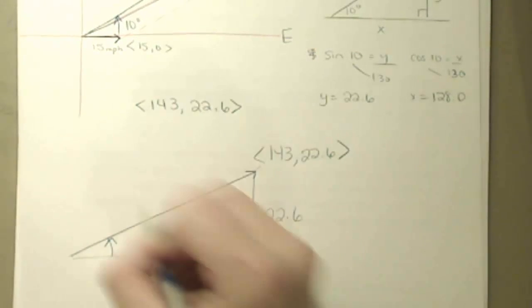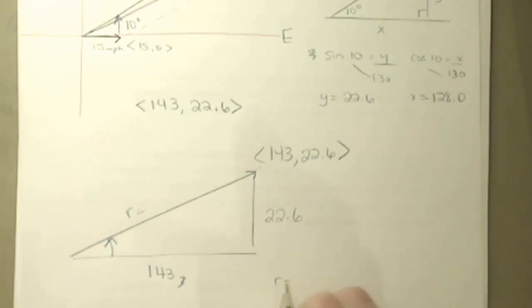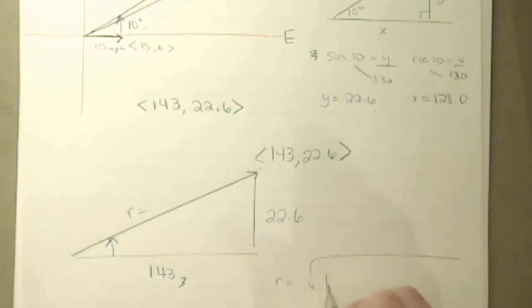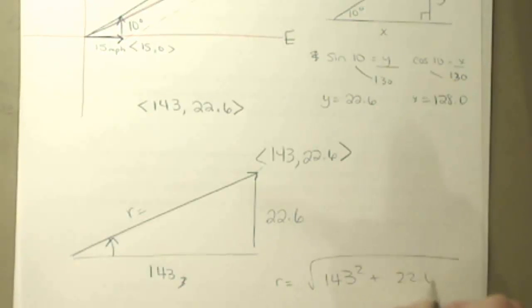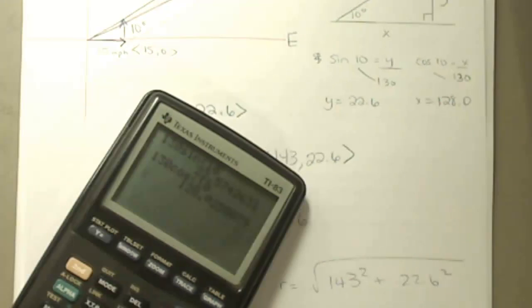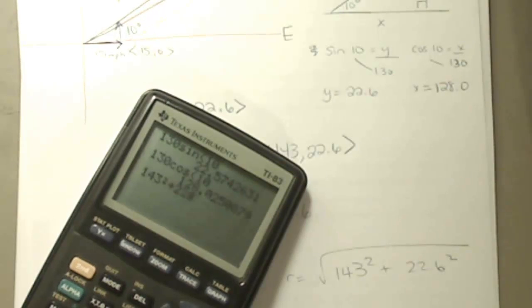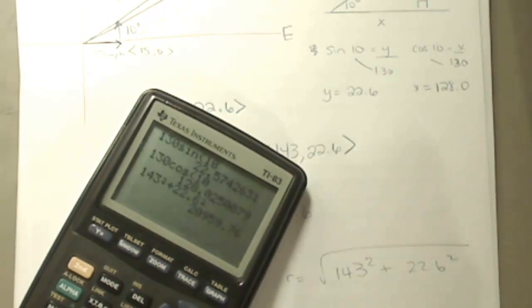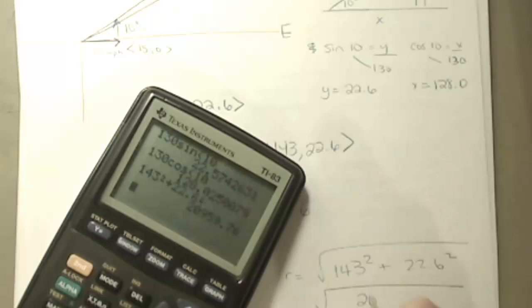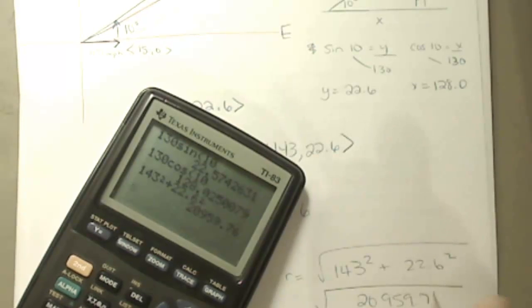To get its magnitude, I will do the square root of leg squared plus leg squared. 143 squared plus 22.6 squared, the square root of 20959.76.